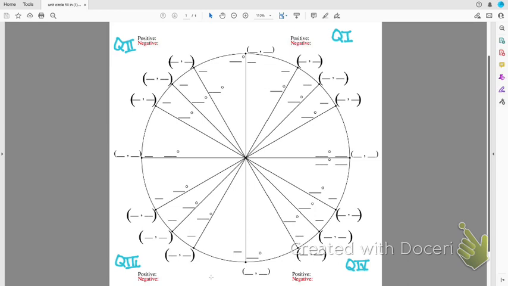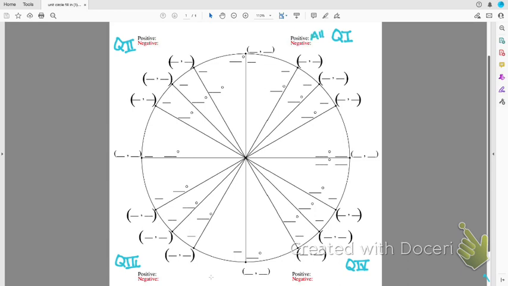Okay, it says positive. So what functions are positive in the first quadrant? What functions? Sine, cosine, tangent, secant, cosecant. It has to do with the x's and y's, yes. But which one of those are positive in the first? All of them. So, personally, I'm just going to write all.